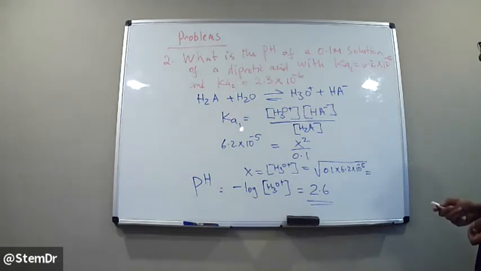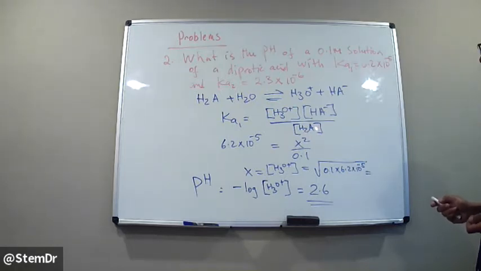So from Ka1, that means acid dissociation constant 1, we have hydronium ion concentration in equilibrium, and also the conjugate base from that acid over the concentration of the undissociated acid.